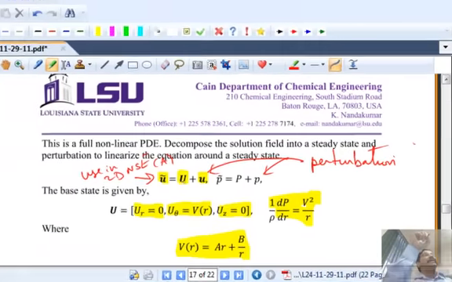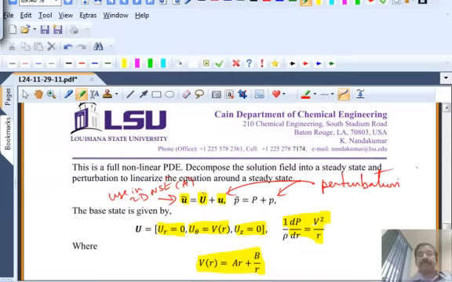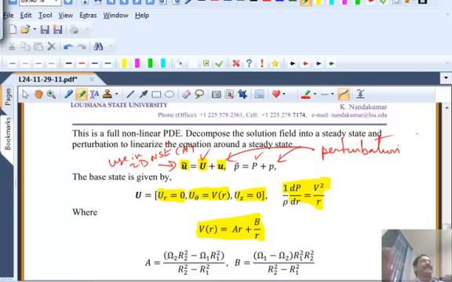Treat capital U as known, treat capital P as known. These are the velocity and pressure profiles of the one-dimensional steady state for which we want to know the stability. And the lowercase u and the lowercase p are the perturbations. So take that into the Navier-Stokes equation, and the steady state part will basically cancel out because it satisfies the equation. So what you will get is an equation for the perturbation variables small u and small p.